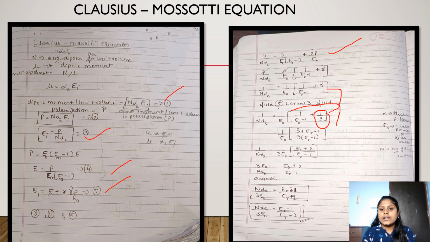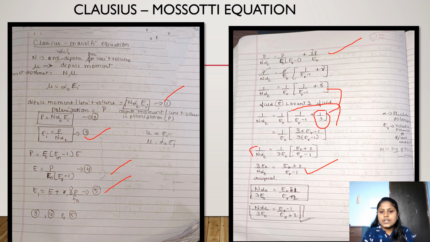For the simplification, when we take the LCM of this part, we will get 1 divided by epsilon naught into 3 plus epsilon r minus 1 divided by 3 into epsilon r minus 1. And finally, we will get 1 divided by N alpha is equal to 1 divided by 3 epsilon naught into epsilon r plus 2 divided by epsilon r minus 1.